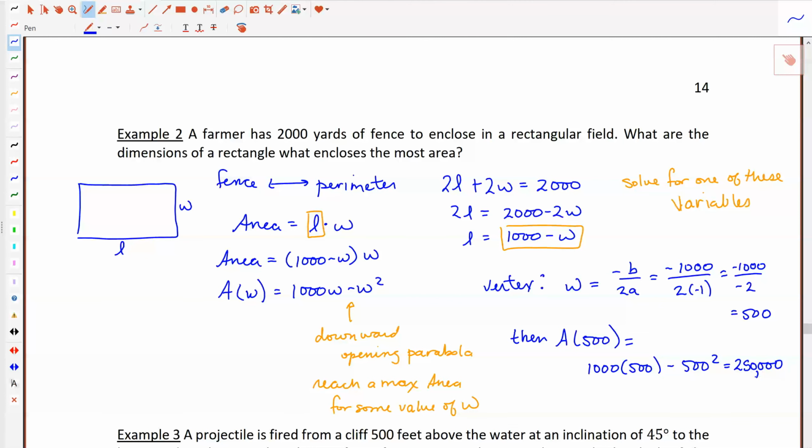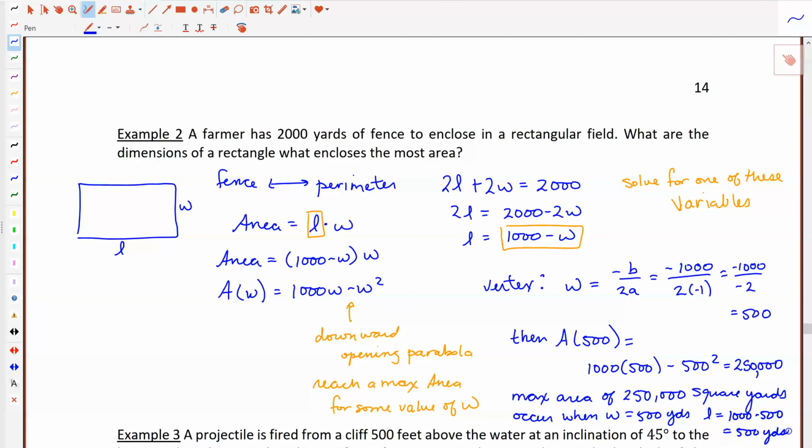So what we just found is that the max area of 250,000 square yards will occur when the width is 500 yards and the length is 1,000 minus 500, which is equal to 500 yards.